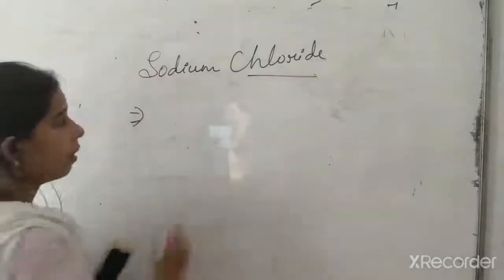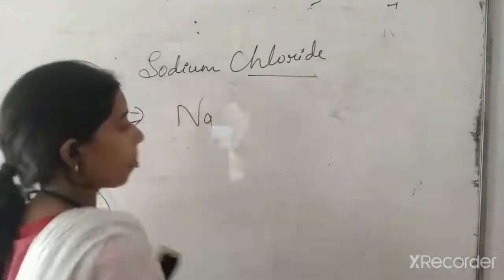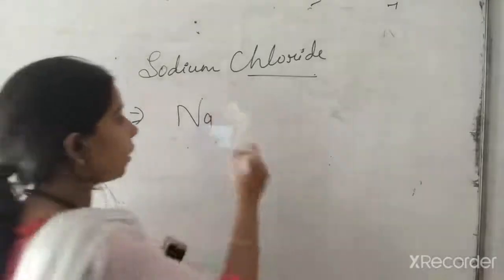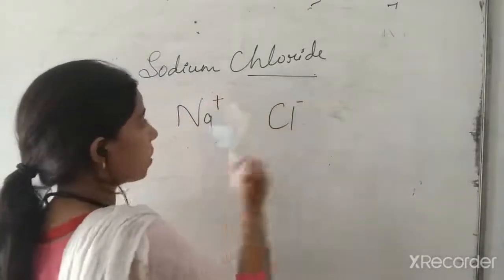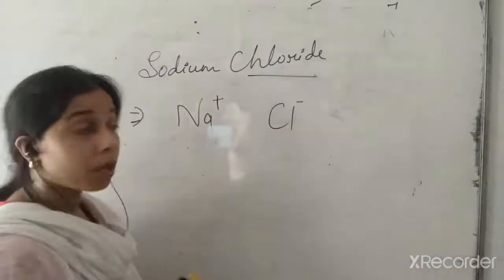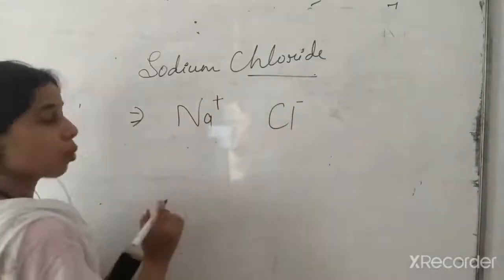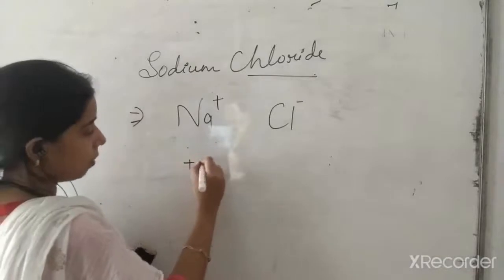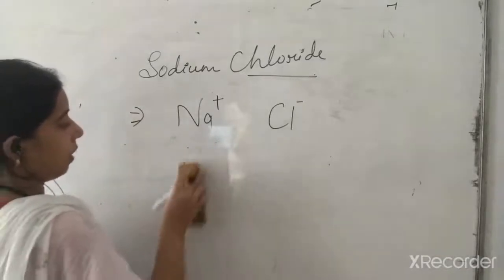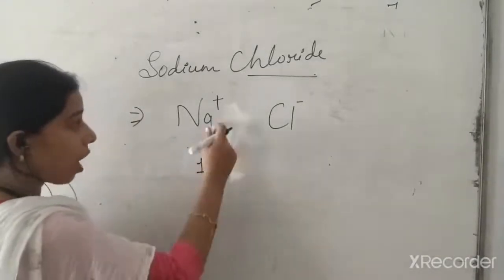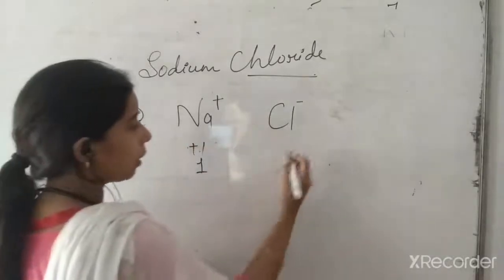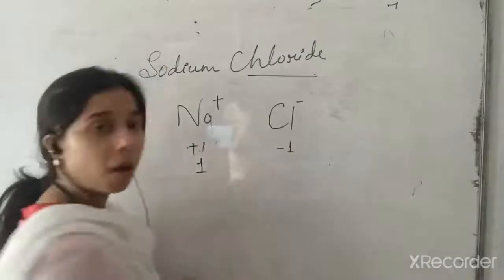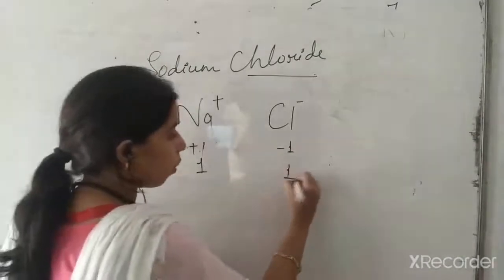Sodium is Na and chlorine is Cl minus. So this is Na positive and Cl negative. Now what is the valency of this sodium ion? The charge is plus 1, so valency will be 1. Here in chlorine the charge is minus 1, so valency will be 1.